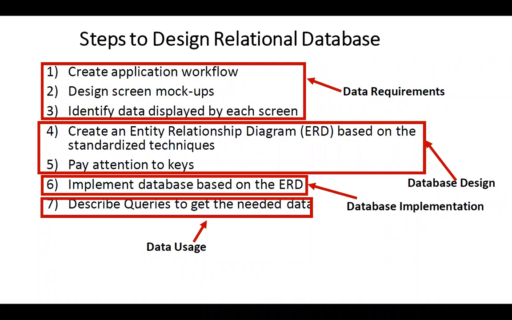When we previously talked about the database design process, we said we had 3 stages, right? We had the conceptual stage, the logical, and the physical stages. Now, we are talking about the same thing, just using different terms.